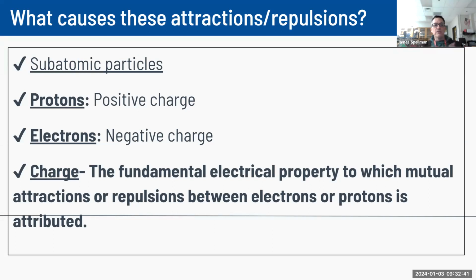So if we bring two positives together, or two negatives together, or a positive and a negative together, there should be an attraction or repulsion between the two based upon this property. So that's just kind of the best way we can think of it.